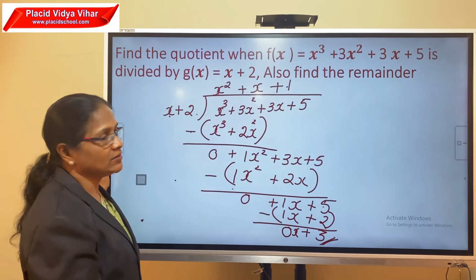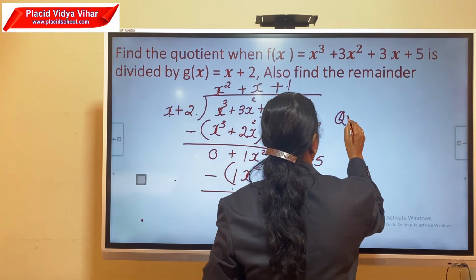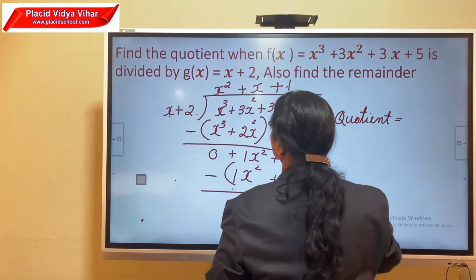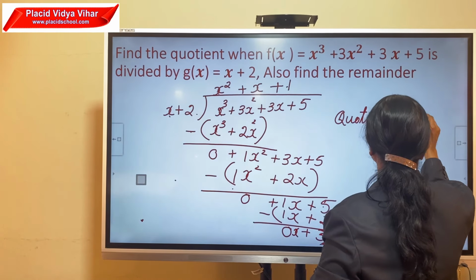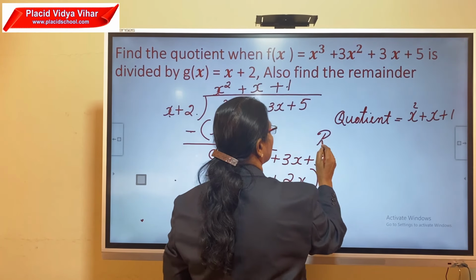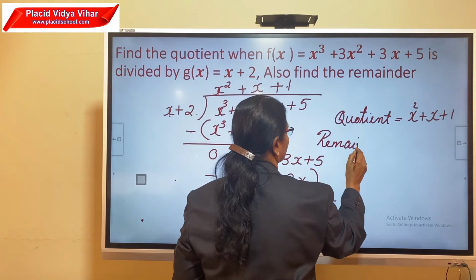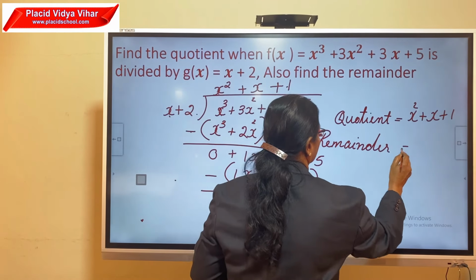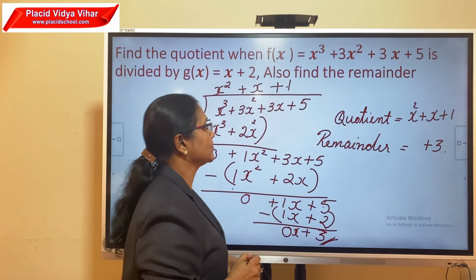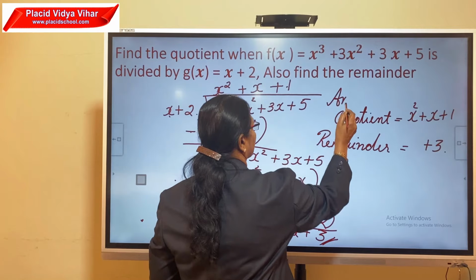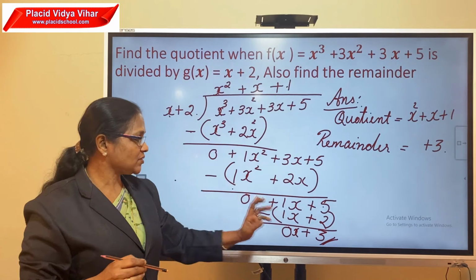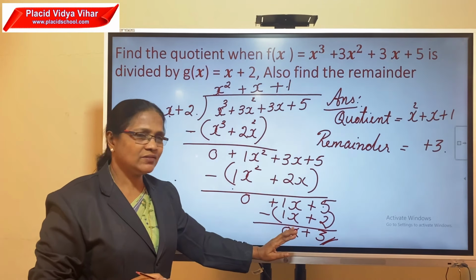So we can write the quotient. Quotient equal x square plus x plus 1, and the remainder 0x plus 3. 0x is 0.